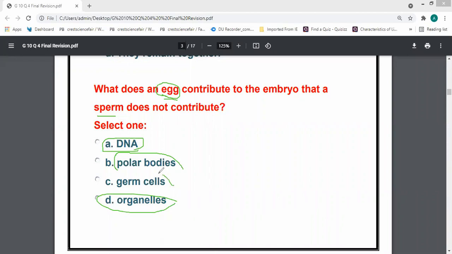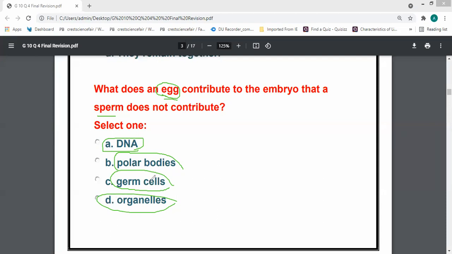Germ cells mean sex cells. The sperm doesn't contribute cells to the embryo, but organelles come from the egg, because the embryo forms inside the egg cell and takes these organelles.